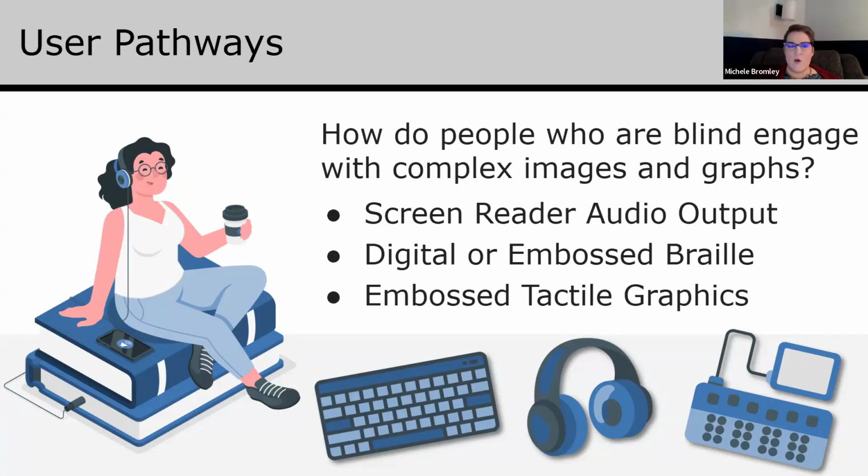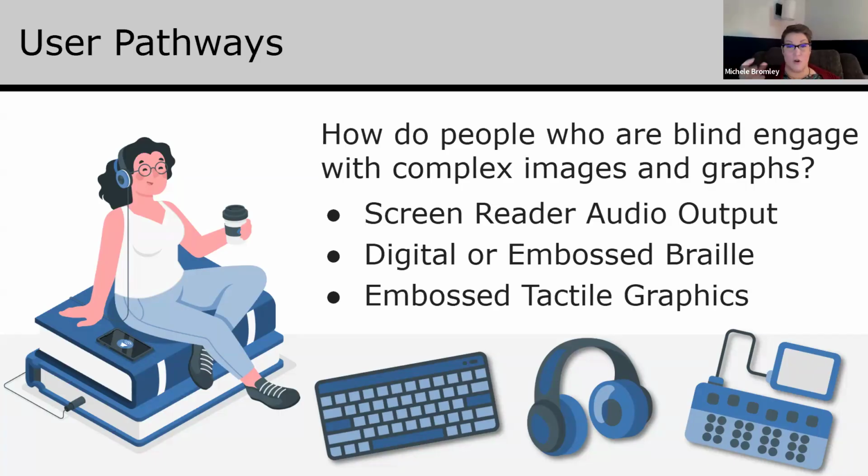So, how do people who are blind engage with this content? Well, there's the obvious screen reader audio output. There is digital or embossed braille. And finally, embossed tactile graphics, most often generated to support map accessibility, floor plans, physics, linear algebra.